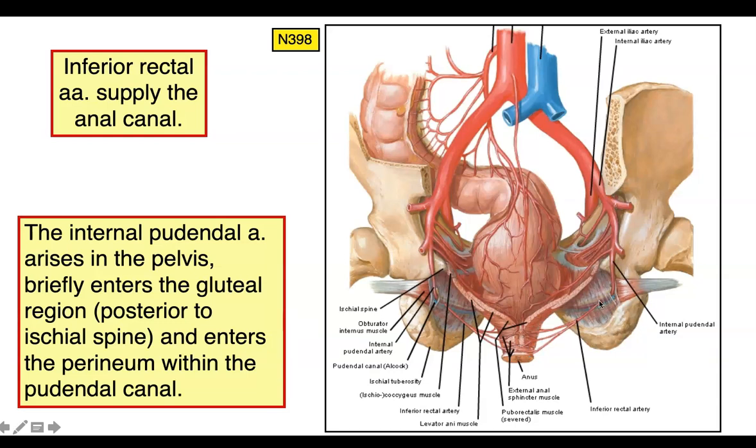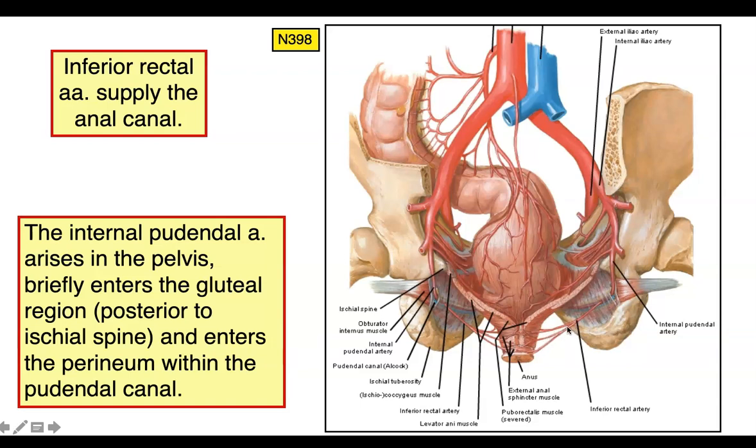And I mentioned that on the obturator internus muscle there is a fascial tunnel or canal, which we call the pudendal canal. The pudendal canal contains the internal pudendal artery and pudendal nerve. The internal pudendal artery, you can see here, gives rise to branches.